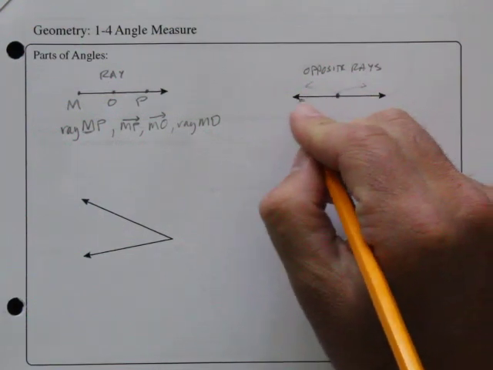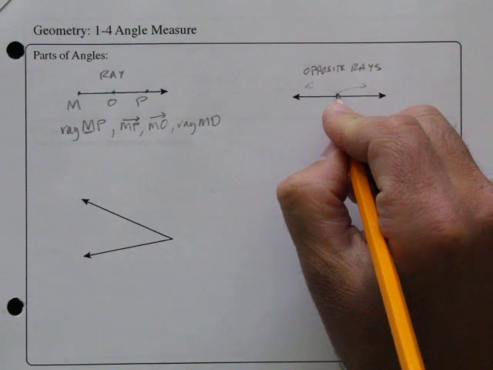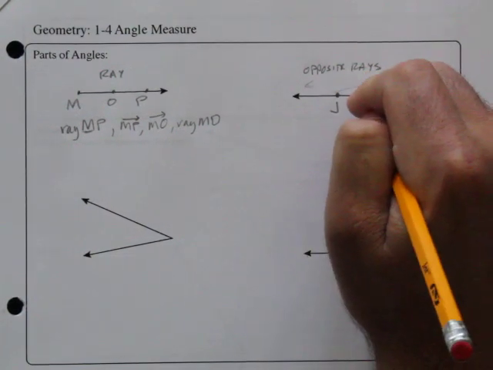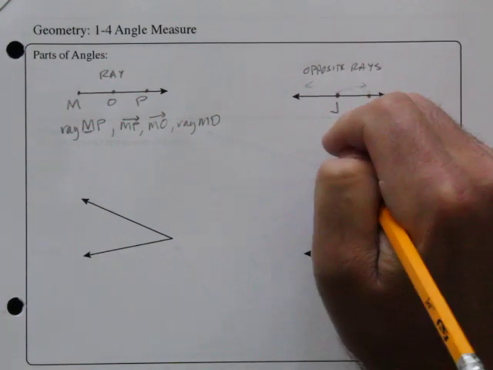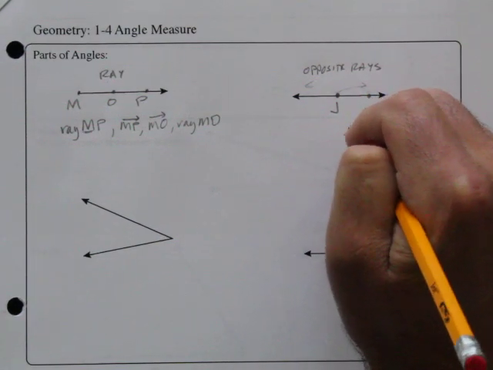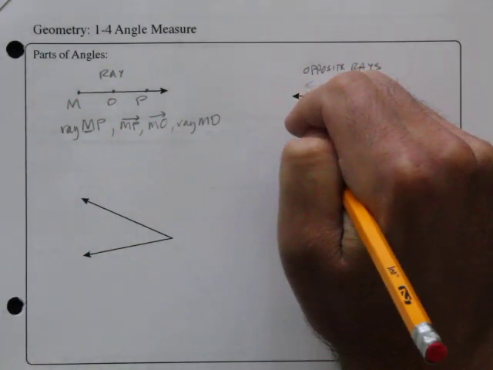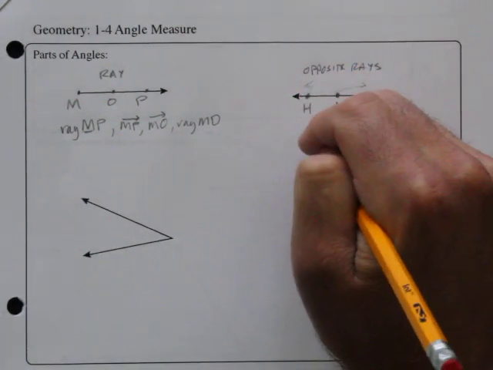So this is a line, but we can also look at it as opposite rays. One ray would be ray JK, and then this other ray on the left would be JH.